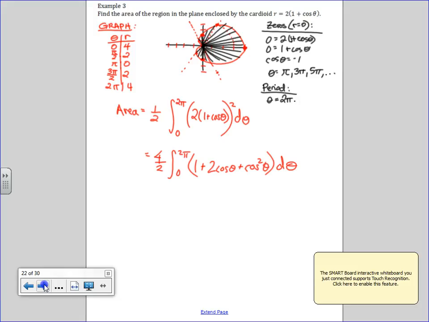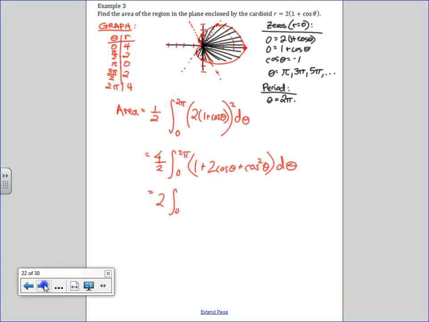How do I integrate 1? Easy. How do I integrate 2 cosine theta? Easy. How do I integrate cosine squared? What's wrong with cosine squared? I can integrate it, at the very end I'm going to do from 0 to 2 pi, but how do I integrate cosine squared?